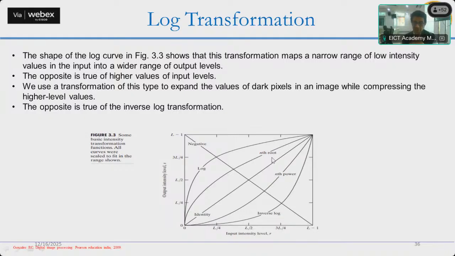So the negative line comes here, the inverse log comes here, and the logarithmic nth root is on this side. What is happening is that the initial input intensity has been changed to this output intensity level.